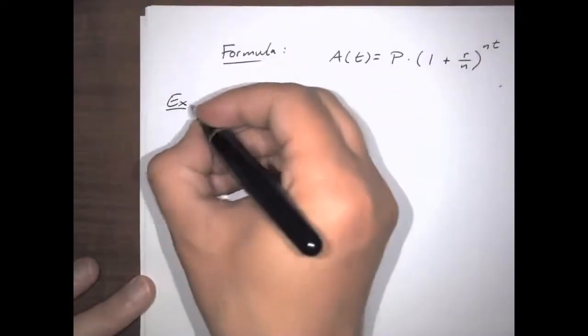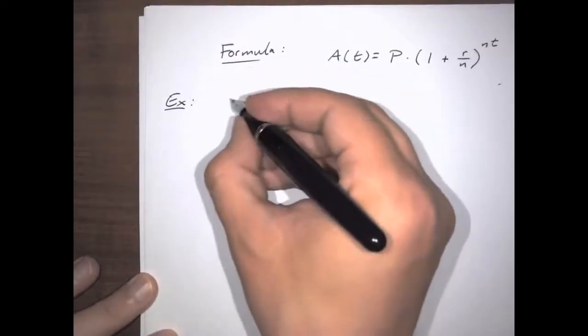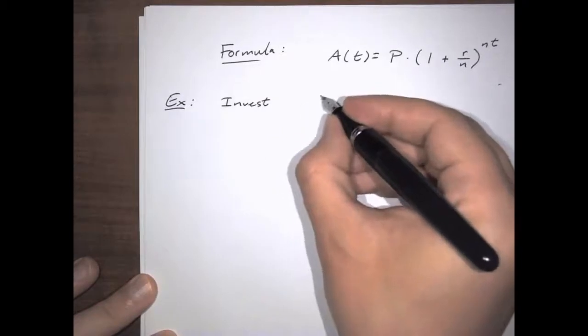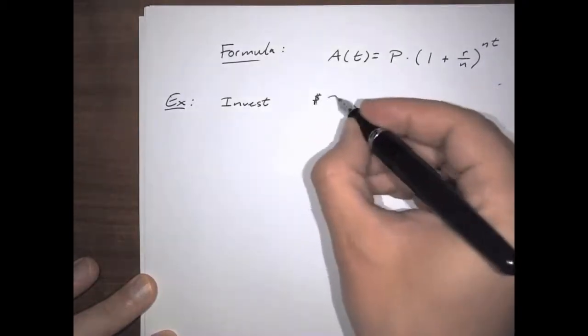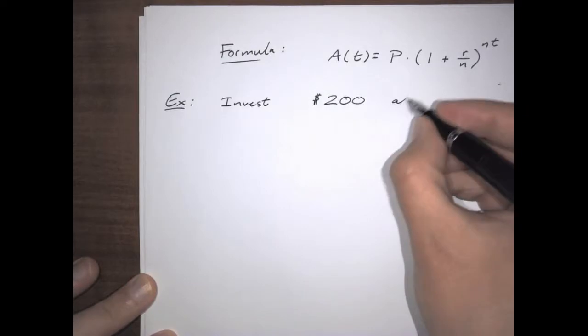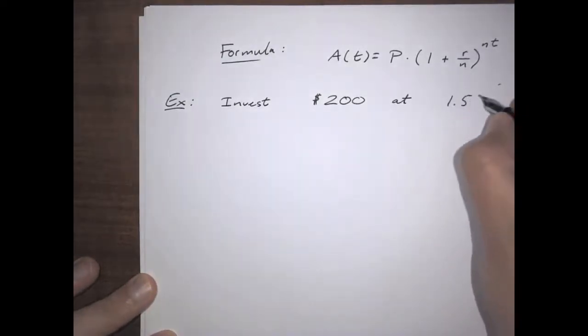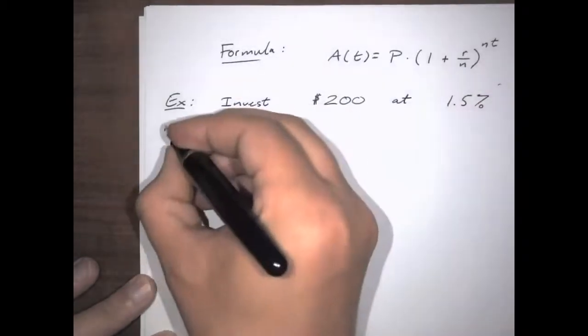So, for example, let's just say something like, invest $200 at 1.5% interest.